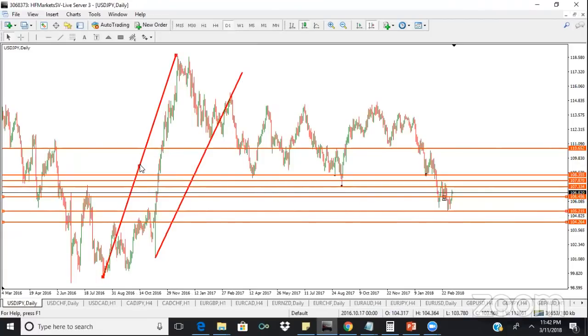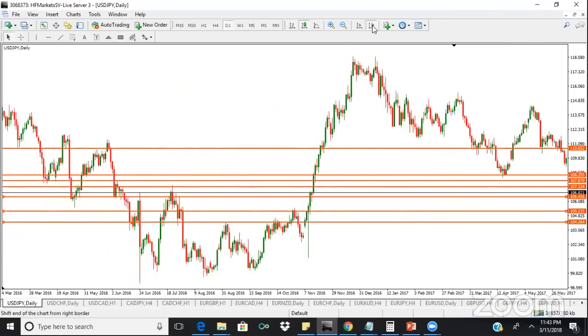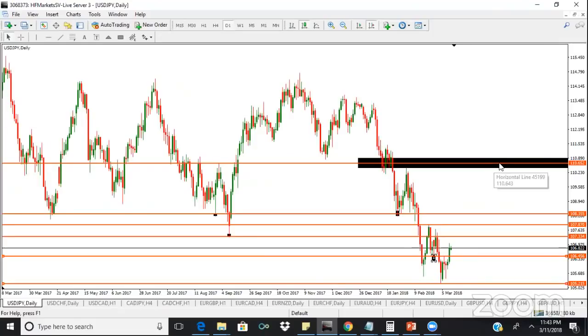you've seen that the horizontal line only allows you to know the zones to enter. So the zones, when it is a resistance, I'll look for a sell. So at this zone, I'm looking for a sell.